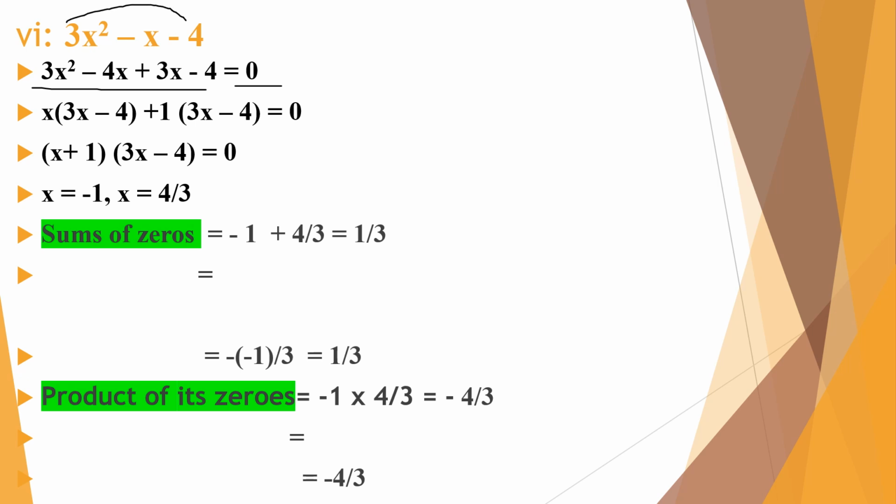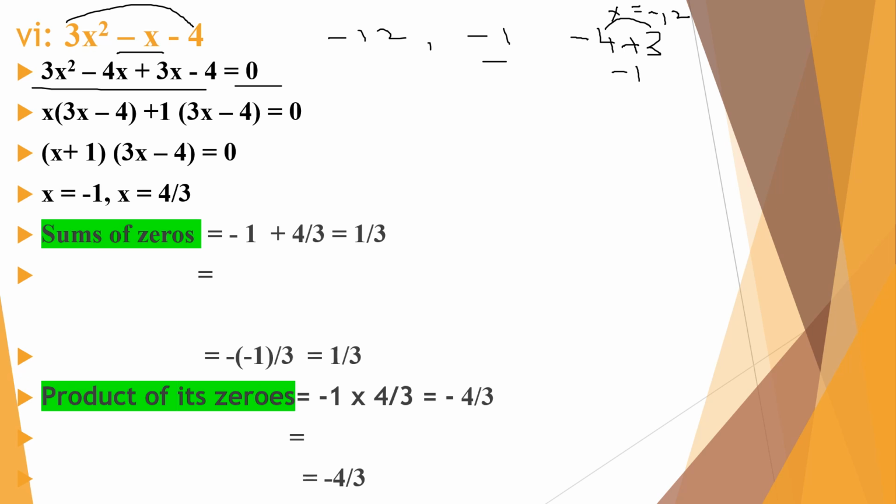When we multiply 3 into minus 4, we should get minus 12, and when we add, we should get minus 1. So the two numbers we can take are minus 4 and plus 3. When I multiply minus 4 into 3, it is minus 12, and when I add minus 4 with 3, it is minus 1.